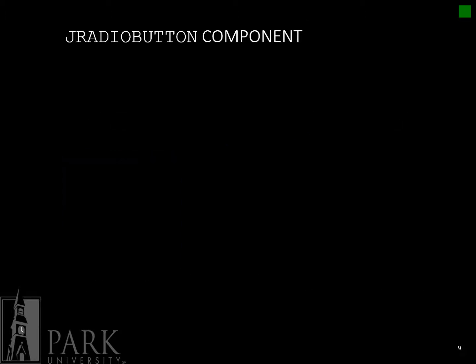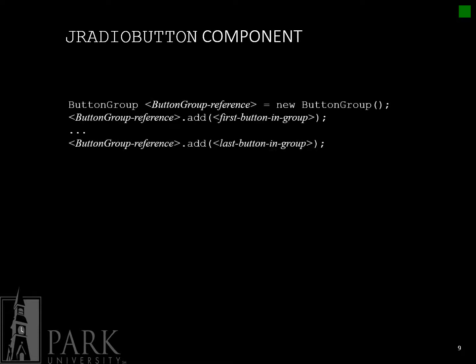Now, the primary difference between normal implementation of a radio button and a checkbox is that radio buttons usually belong to a group, like I said before. To enable the only one button selected at a time functionality of a radio button group, you create a button group object and add individual radio button components to it, like this. Right here, we create a button group reference.